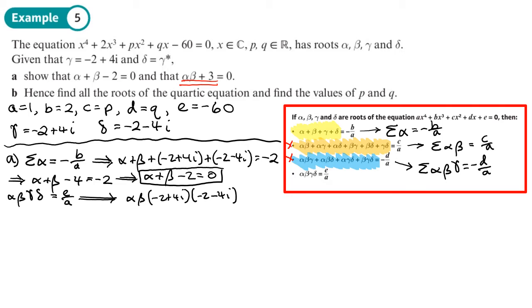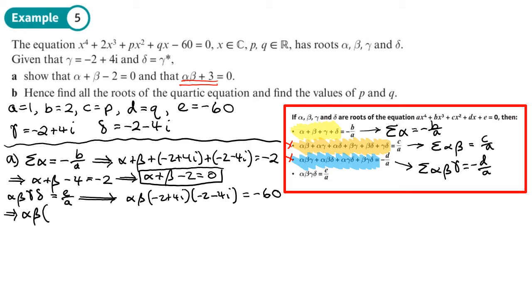equals E over A, which is going to be negative 60 over 1, which is negative 60. Let's multiply out the brackets. So we'll have alpha, beta. Now we can use the quick way of multiplying out these brackets, which is the sum of two squares.